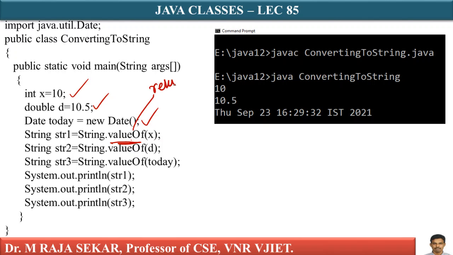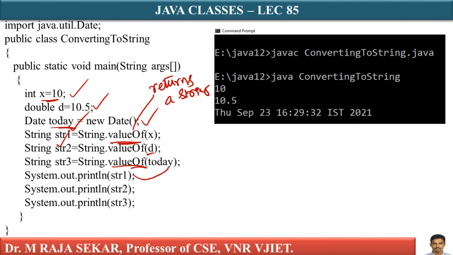Using this method, we can convert any data type and object into a string format. x is an integer variable that will be converted into string format and stored in str1. d is a double type variable, and we are converting that into a string and storing it in str2. And today is a date object. That one also I am converting into the form of a string by using the valueOf method.